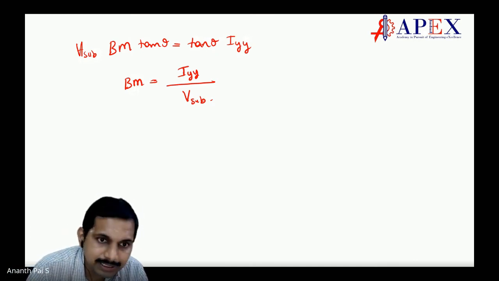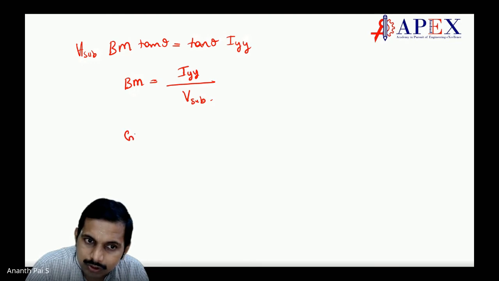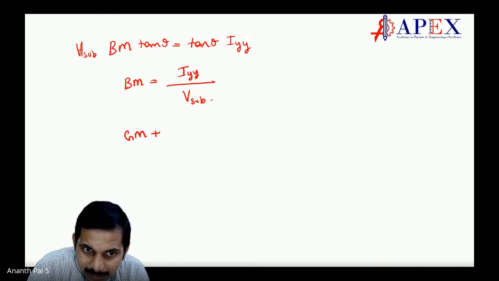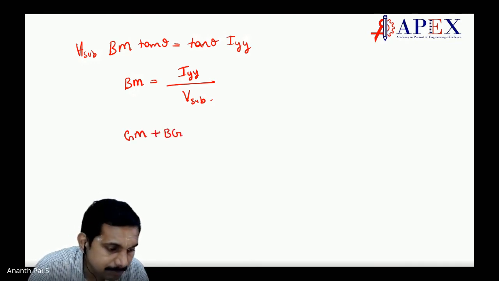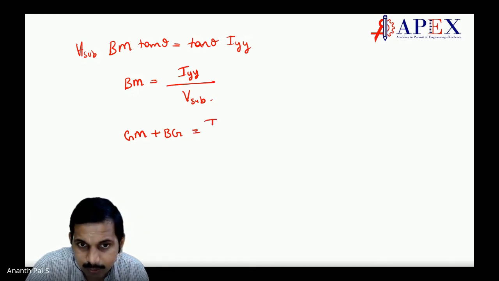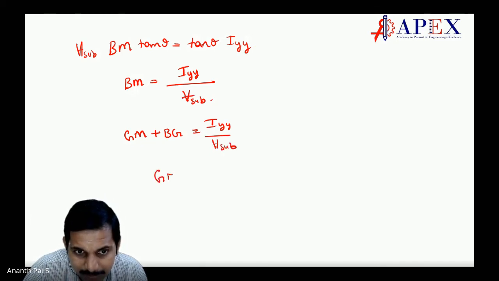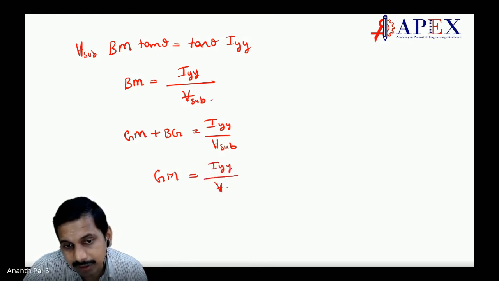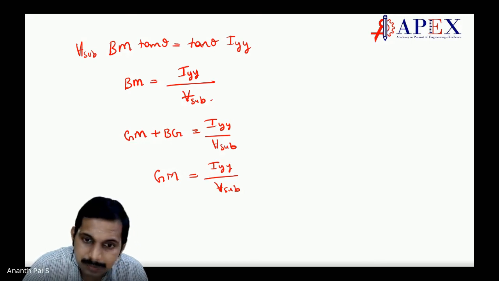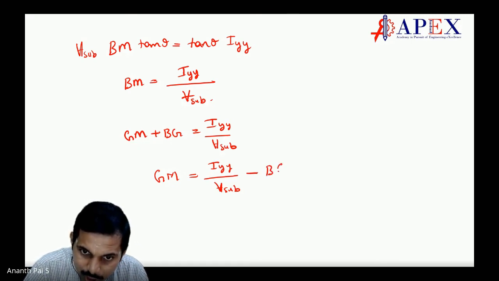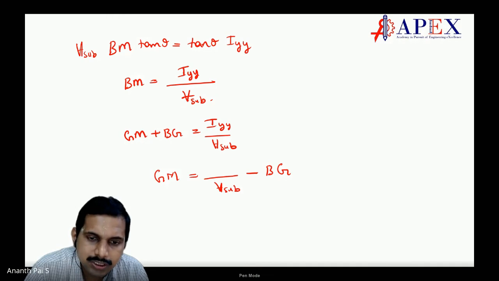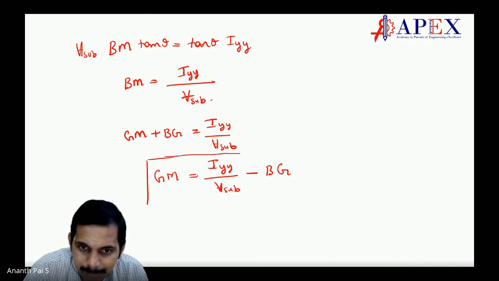Or I can write, since bm is equal to gm plus bg, gm plus bg is equal to I y y divided by V submerged. So I can have gm, which is the metacentric height, equal to I y y divided by V submerged, minus bg. Easy, students.